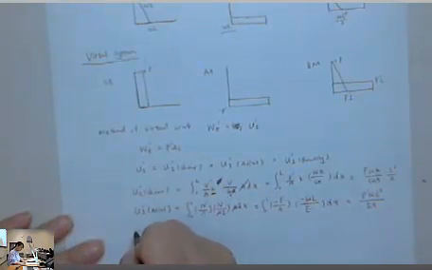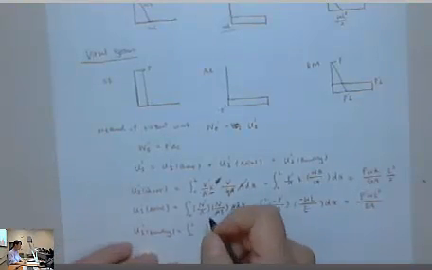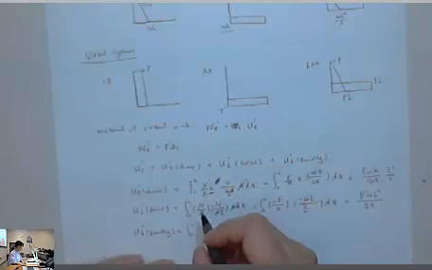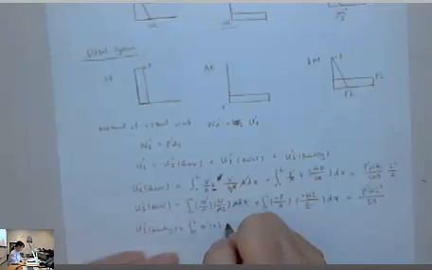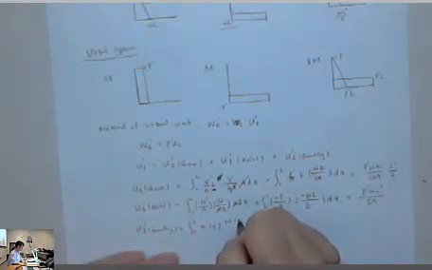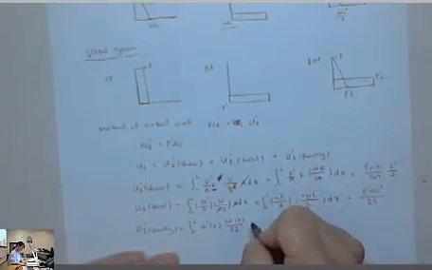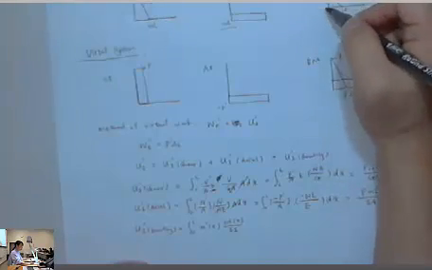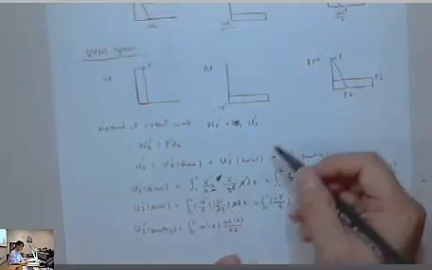And lastly, the bending part. Bending part will be the virtual moment times the real curvature. Since we have the moments in both members, we need to calculate one by one.